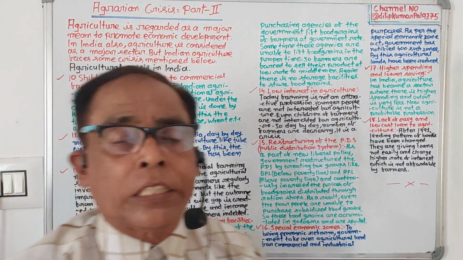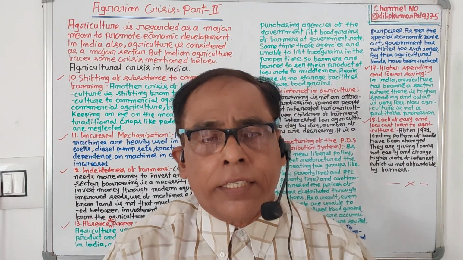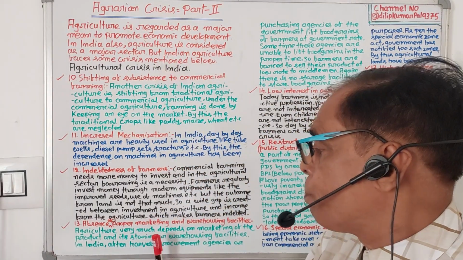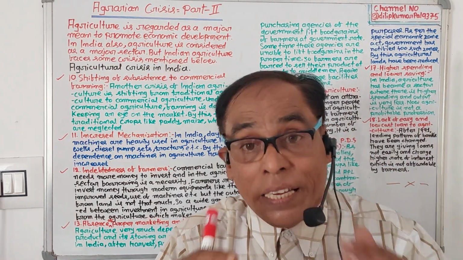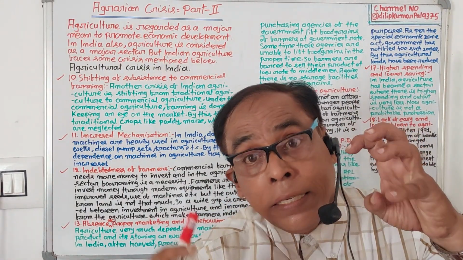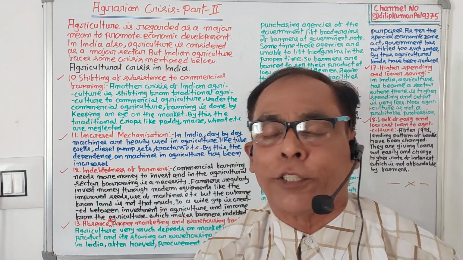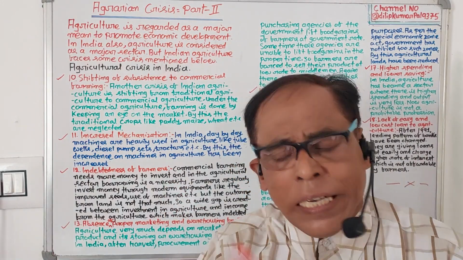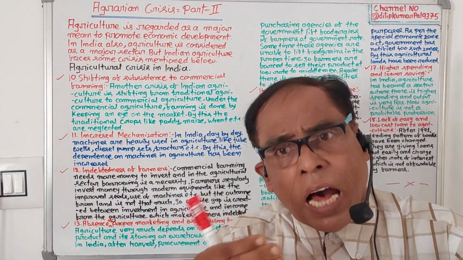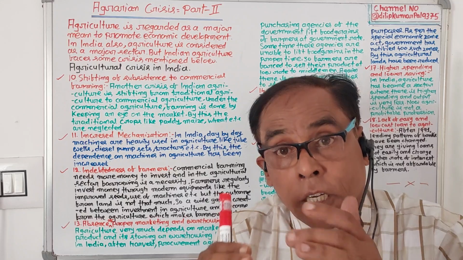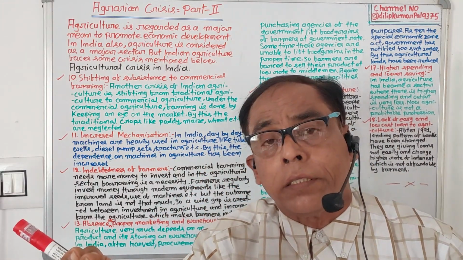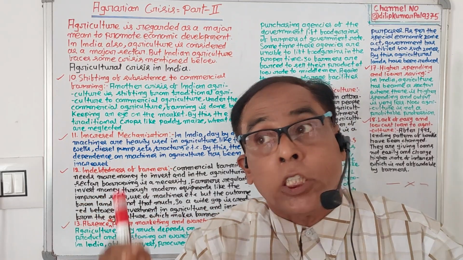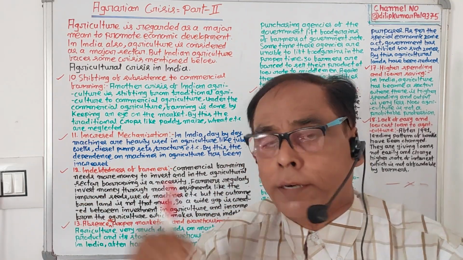Another important crisis of Indian agriculture is the problem of marketing and warehousing facilities. Agriculture depends on marketing and warehousing or storing facilities. In India, after harvesting, the farmer waits for the procurement agencies of the government to lift the product.